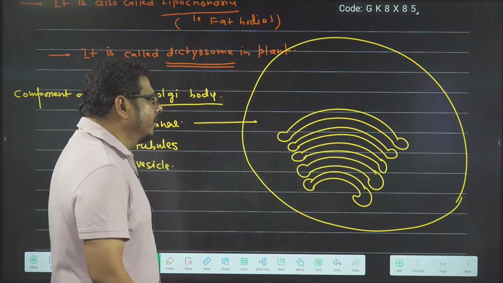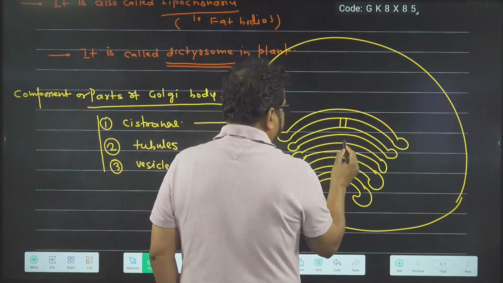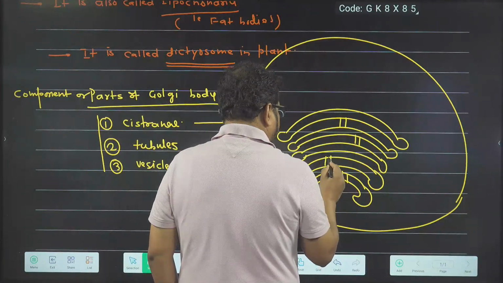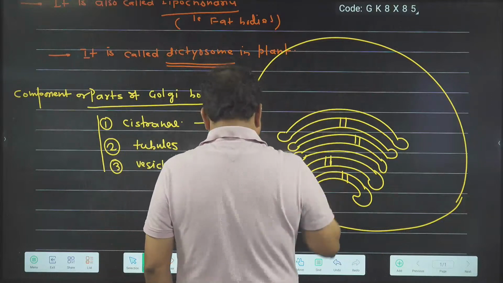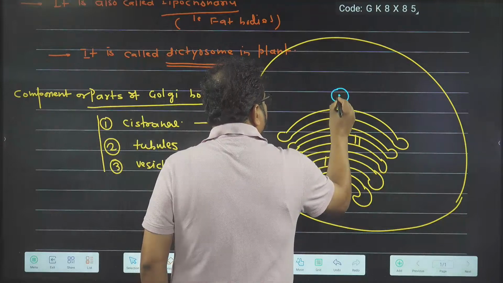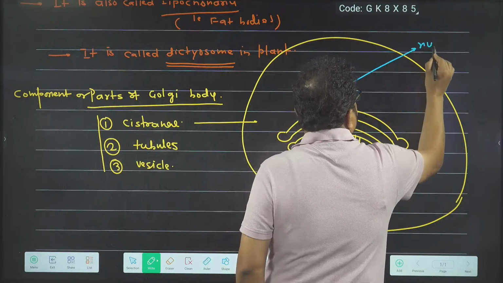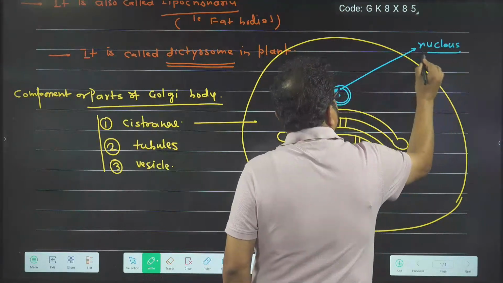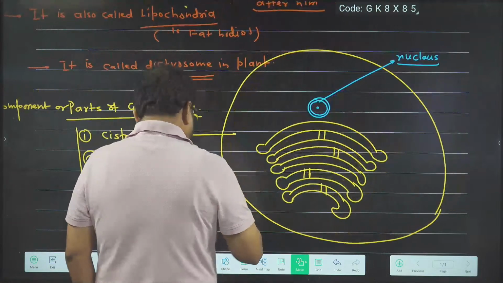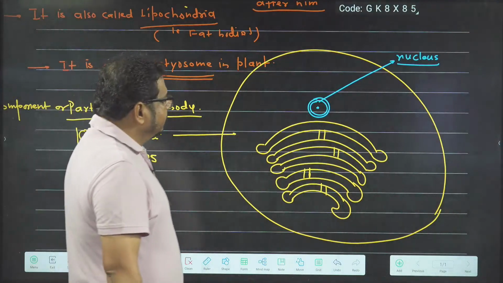And these structures are basically cisternae. These cisternae are even interconnected. Got the idea? Suppose, for your understanding, this is the nucleus.